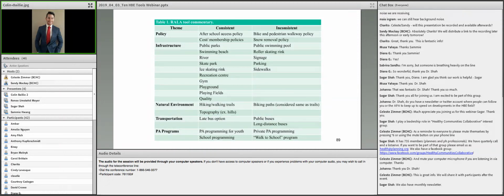Going back to the RALA tool, we got together in a focus group after people had an opportunity to do a walkabout and discuss what was consistent. We found that a lot of the things in the RALA tool were consistent with what we saw in a First Nations community environment.